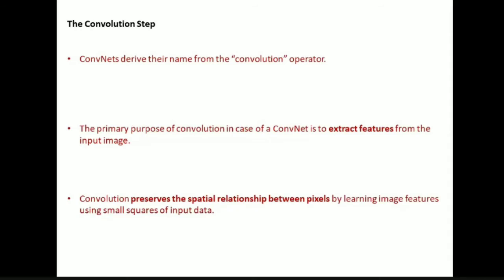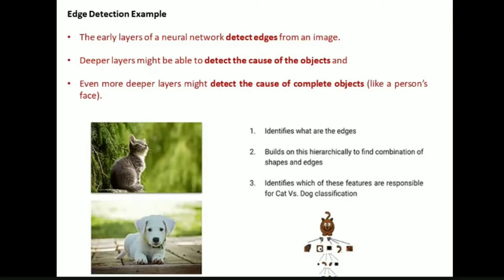The convolution operation in a convolutional neural network is going to learn the features of the image based upon edge detection. How is this edge detection done? If you remember our previous discussion, I showed you one dog image and one cat image. We discussed that when we give an input image, the network classifies whether the input image is dog or cat based upon different layers, right?